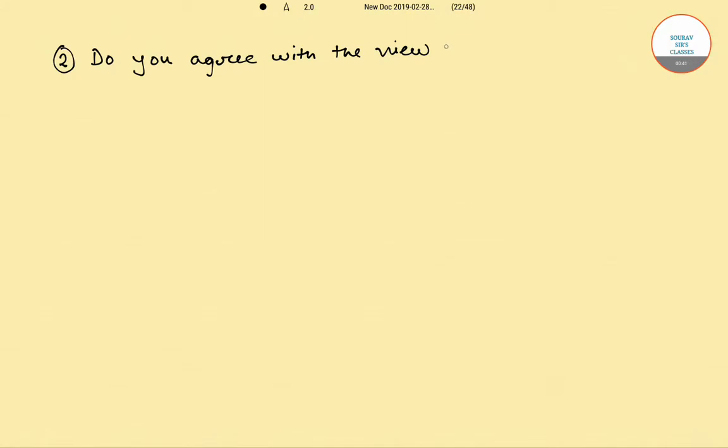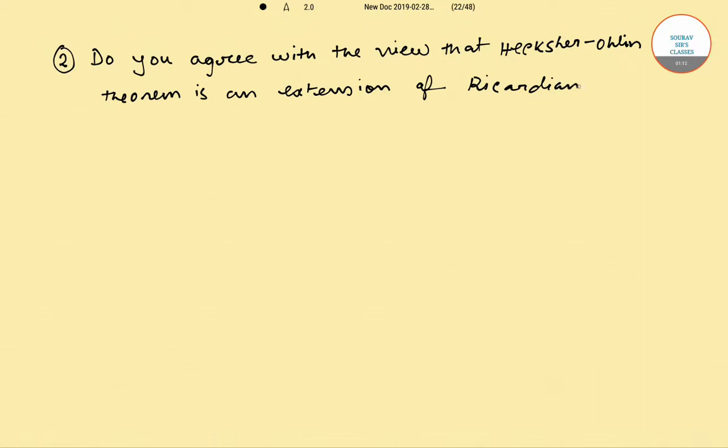So we need to state whether Heckscher-Ohlin theorem is an extension of Ricardian theory of trade. Now we'll simply answer this question.